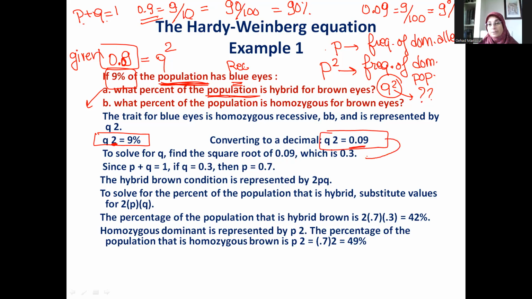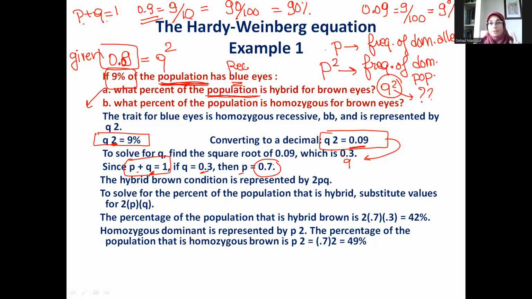Therefore, from this, you can deduce that Q equals 0.3. Why are we reverting it to Q? Because the initial equation is P plus Q equals 1. So if Q equals 0.3, then P would be 0.7, which is 70% of the alleles for brown eyes.